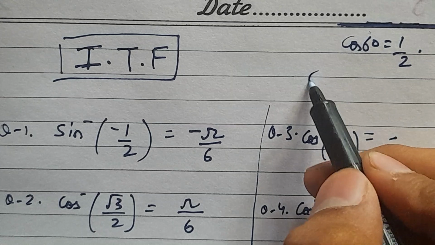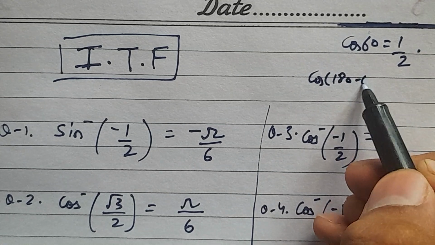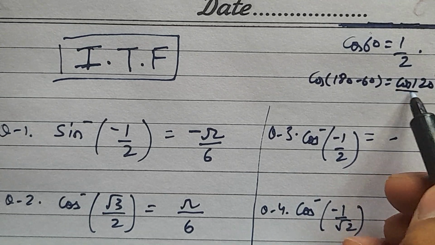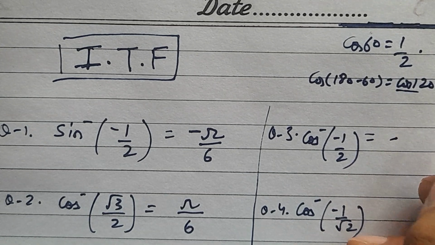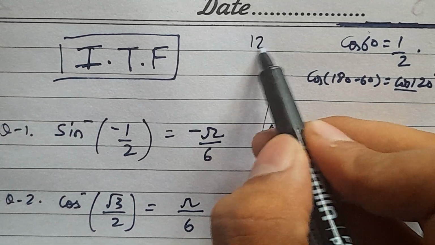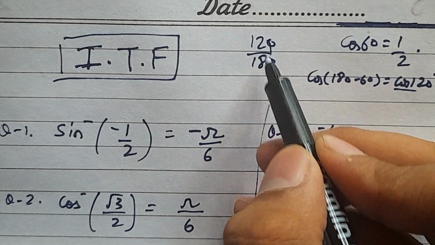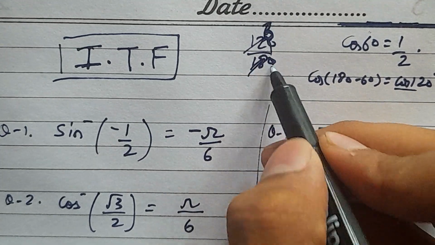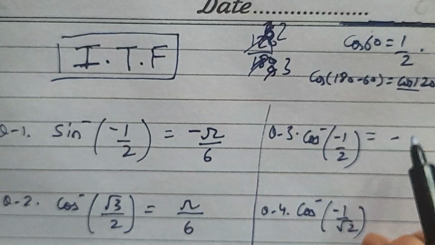So cos of 180 minus 60, that is cos 120. So cos 120 lies in the second quadrant, so it will be negative. So I can write 120 upon 180 times pi, which is 2 upon 3 pi.